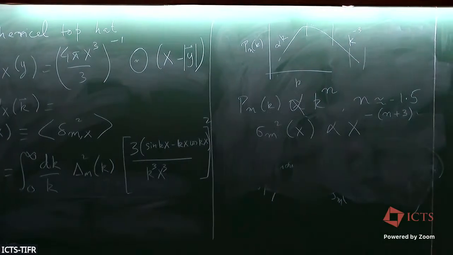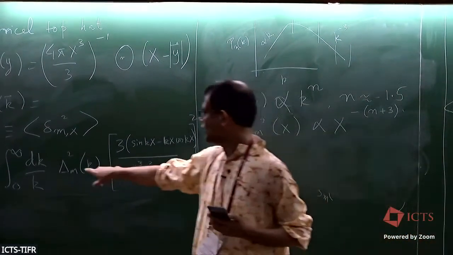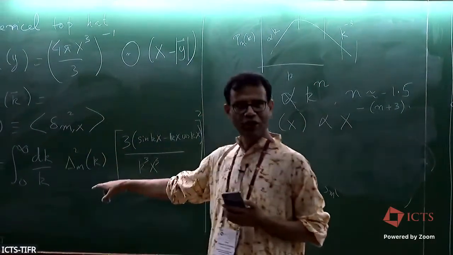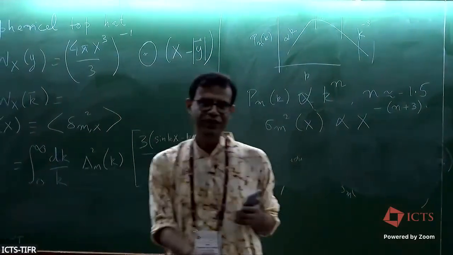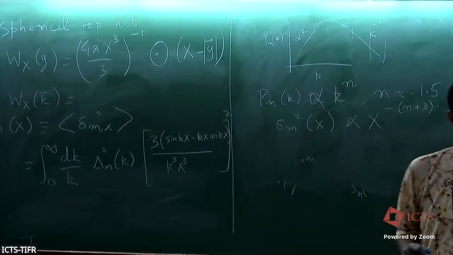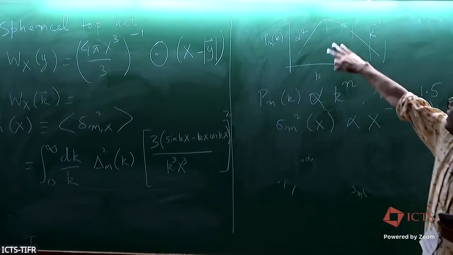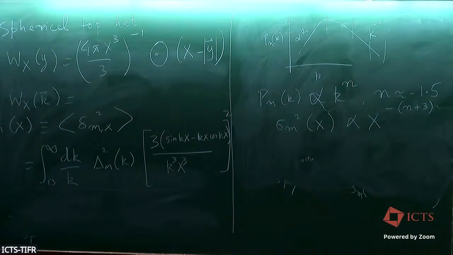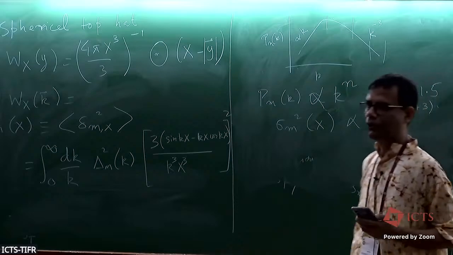You can also ask for what values of n this will converge, because you are doing a 0 to infinity integral, so you have to be very careful. It turns out that within this range, it does converge, so that is not a problem. So you see, as x increases, sigma decreases, and as x goes to infinity, sigma goes to 0.